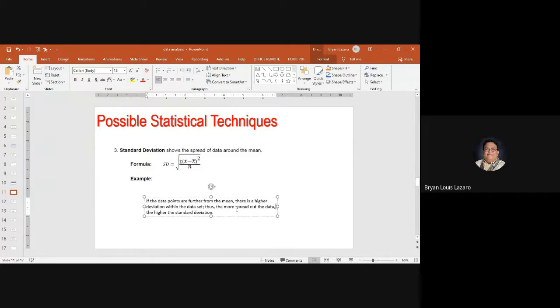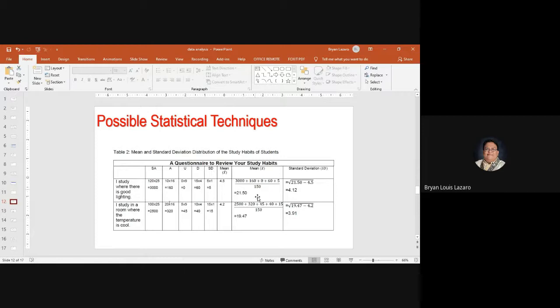Ang nakuha mong standard deviation ay greater than the mean. There is a higher deviation. Pag sinabi mong deviation, dispersion, scatteredness. So, mas scattered yung data, mas spread out. Ibig sabihin, iba-iba yung nakuha mong data, may variety. No? Malaki yung kanilang agwat. So that's how you will interpret it.